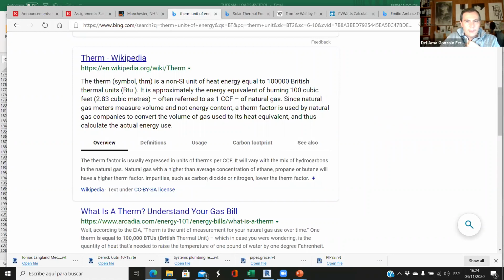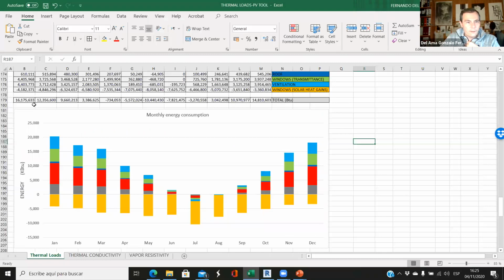One therm is 100,000 British thermal units, BTUs. And why did they come up with this unit, the therm? Because it's not scary.